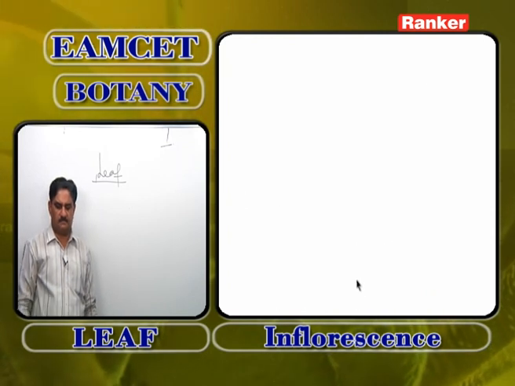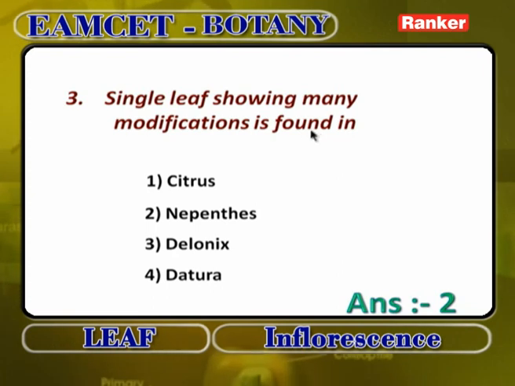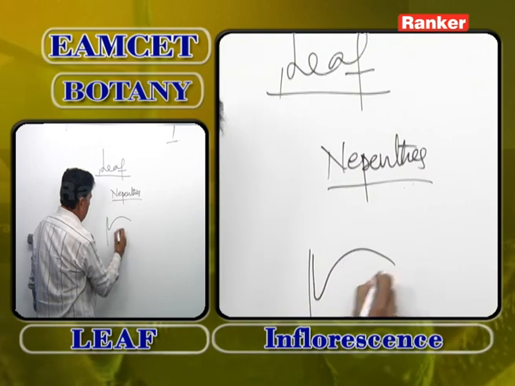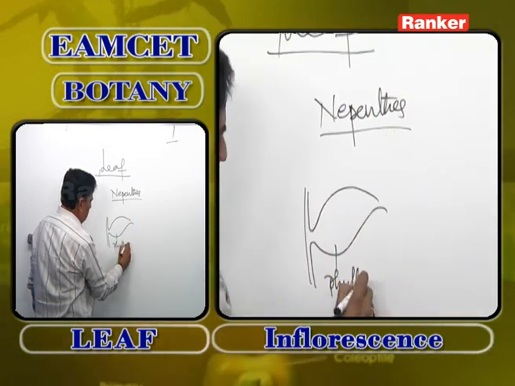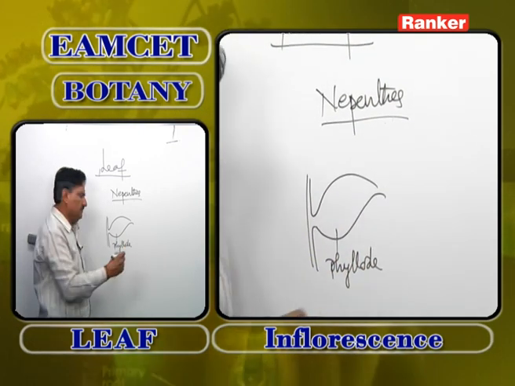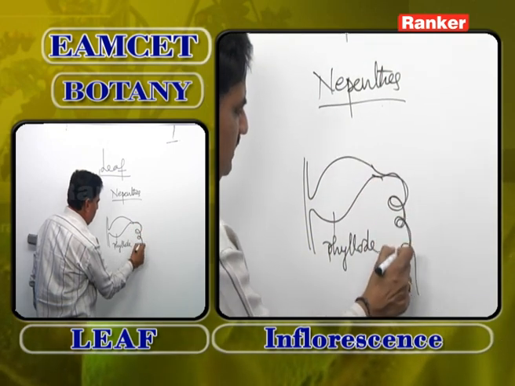Next. Single leaf showing many modifications is found in Nepenthes. Why? Because Nepenthes is an insectivorous plant. The lower part of the petiole is modified into a broad, expanded, green-colored photosynthetic structure called phylloid. The upper part of the petiole is modified into a tendril.